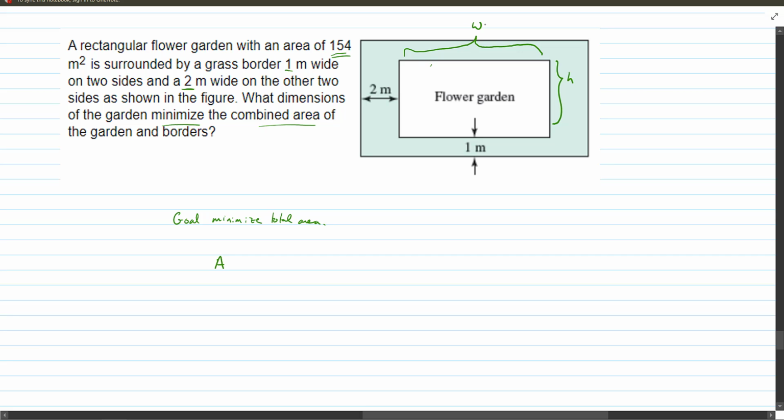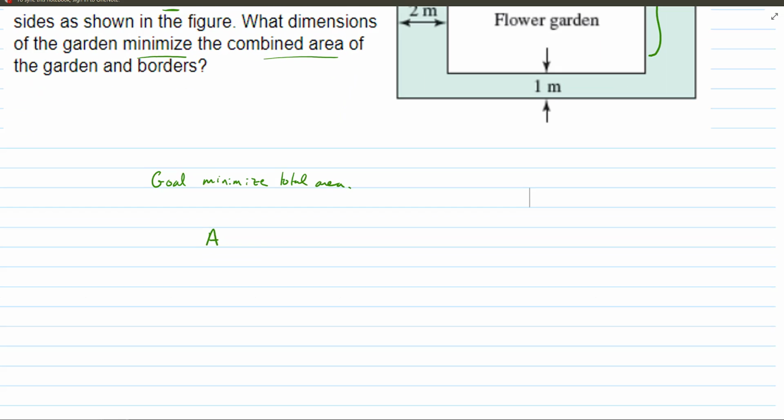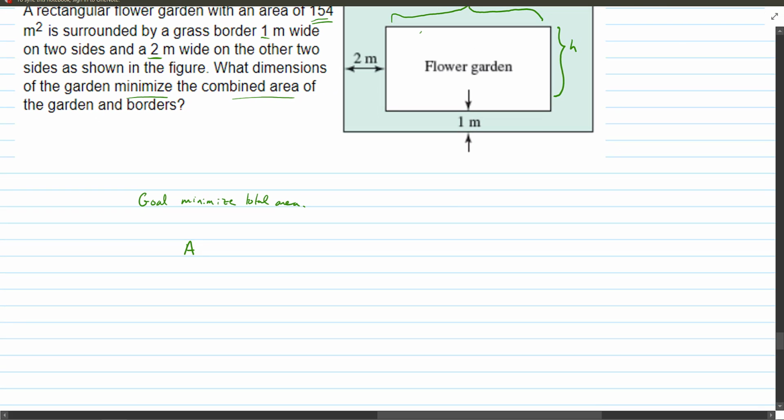I could have called this h and this w, and then I would have come up with a different area function, and everything would still work out okay. So there's nothing that says you have to pick this as your h and w, but we're able to get through the problem a little bit zippier if we do it this way. So then what is our area function?